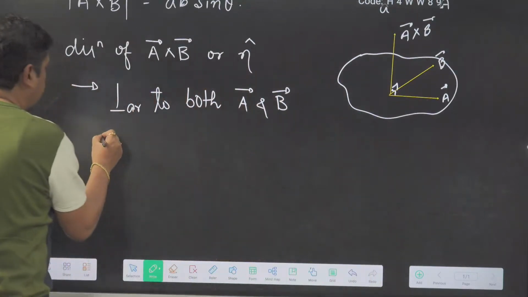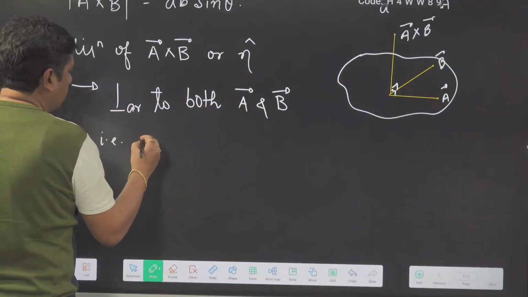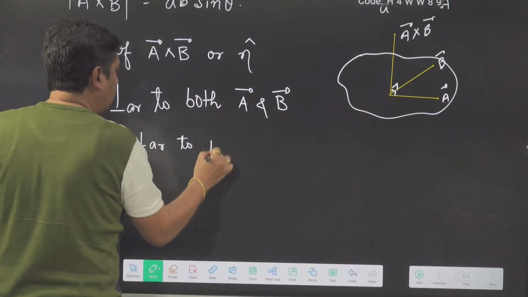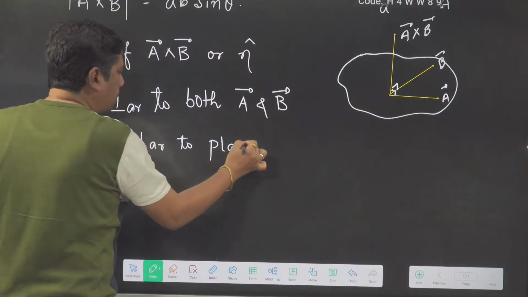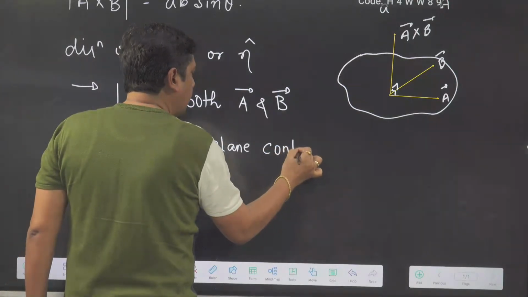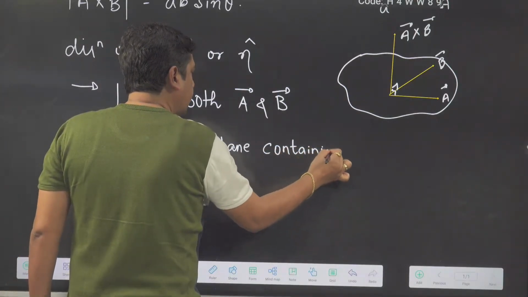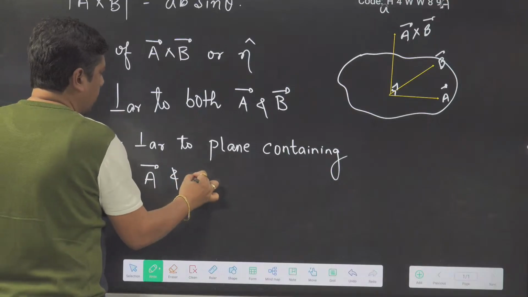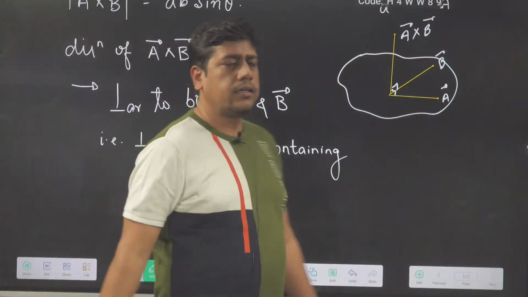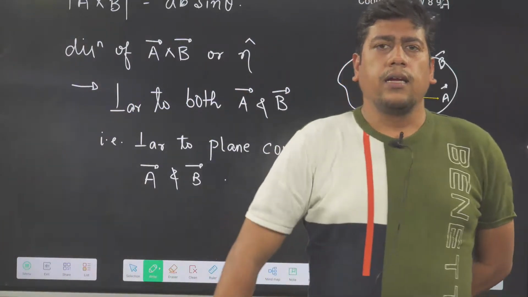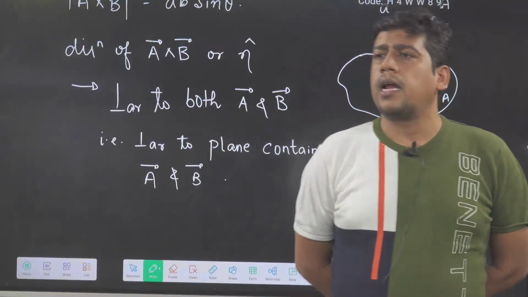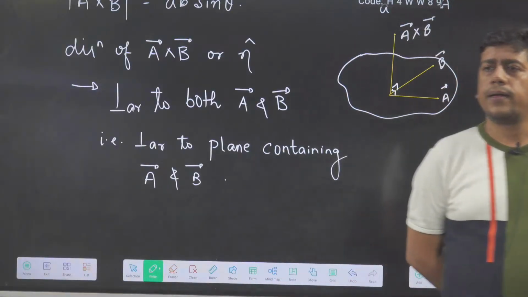So I can write here that it is perpendicular to the plane containing, because this is the only way in which A cross B can be perpendicular to both A vector and B vector. This is the only way. Okay?